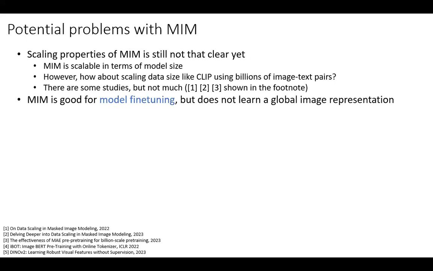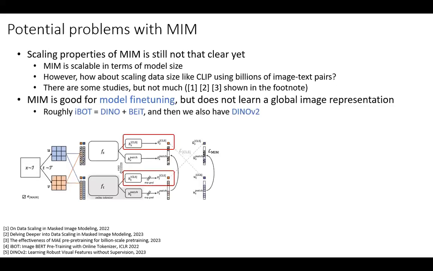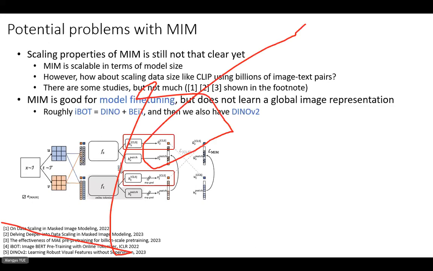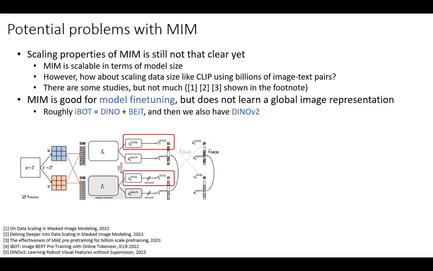So I think MIM is good for model fine-tuning, but it does not learn a global image representation, although there are some remedies. For example, Abbott is a combination of the Dino and also the BEiT idea, right? And then this idea was also adapted to the Dino V2 paper.